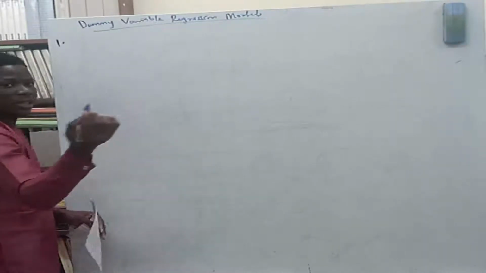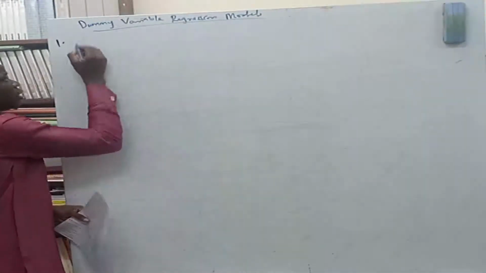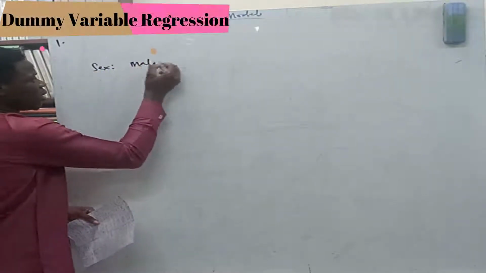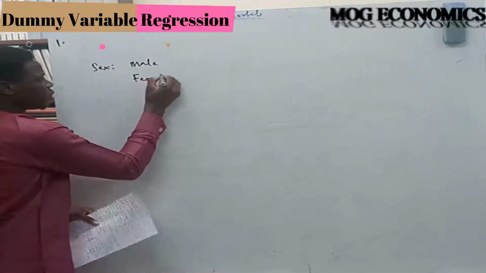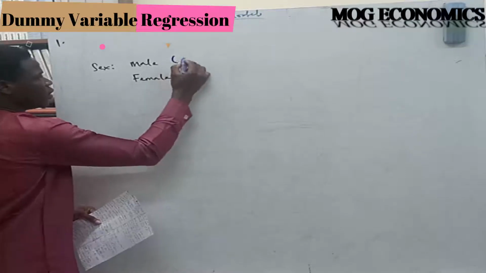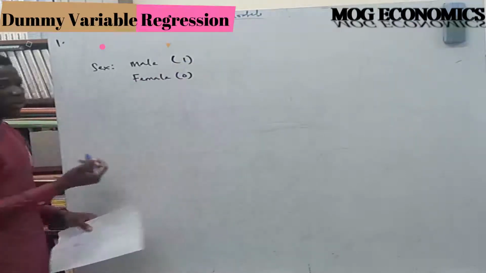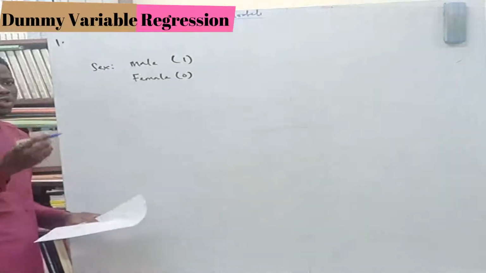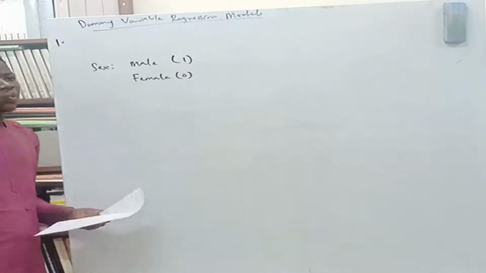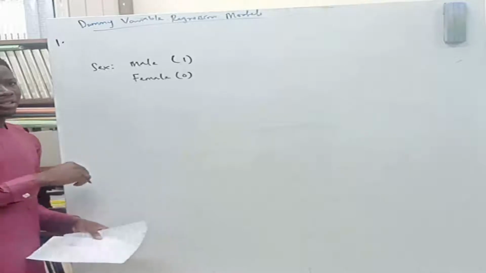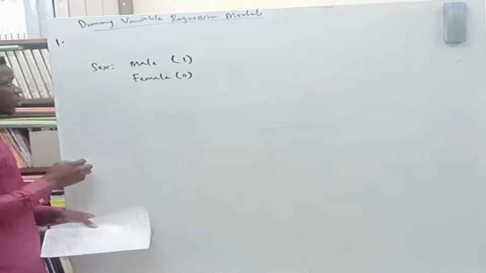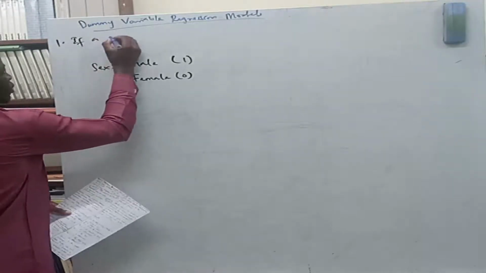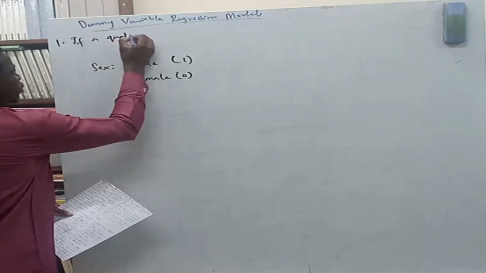Now for the sex that I used, sex has 2 categories, male and female. So I said male is 1, then 0 is female. So since this has 2 categories now, what you are going to do is you introduce 2 minus 1 categories in the regression model.